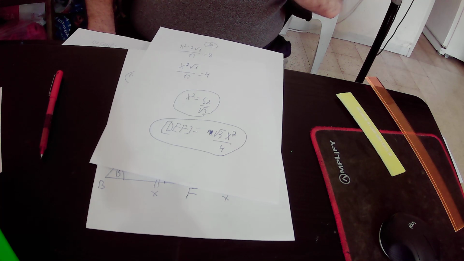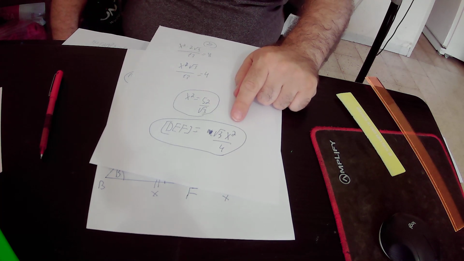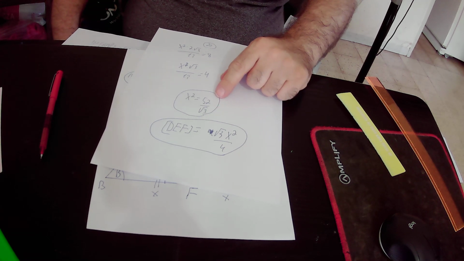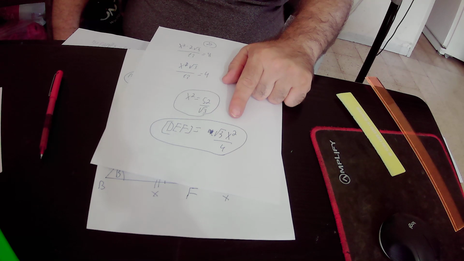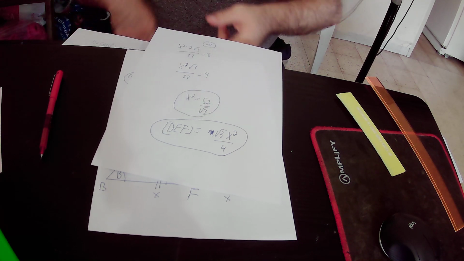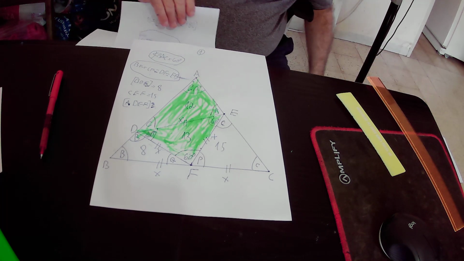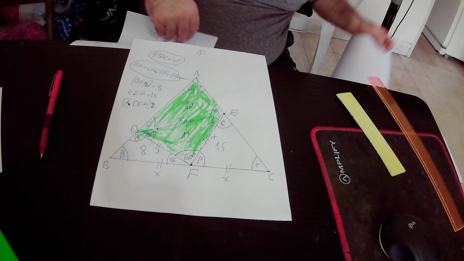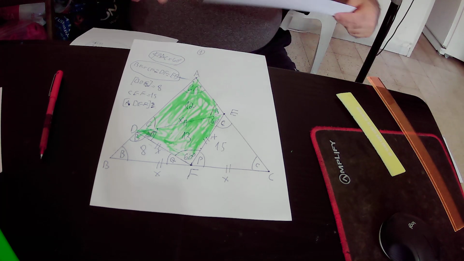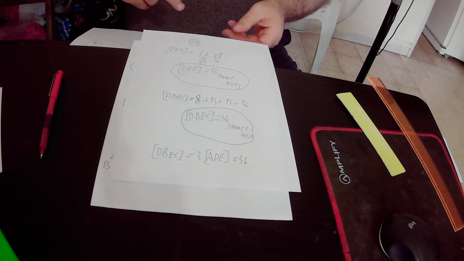Then we know that the area of the equilateral triangle equals root 3 times x squared over 4. We substituted the value of x squared by 52 over root 3, and we found that the area of the equilateral triangle, this green equilateral triangle, equals 13 square units.